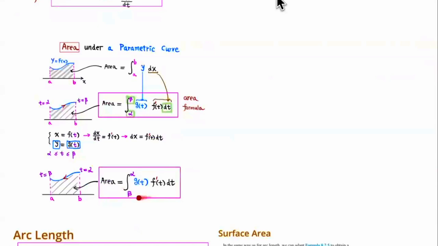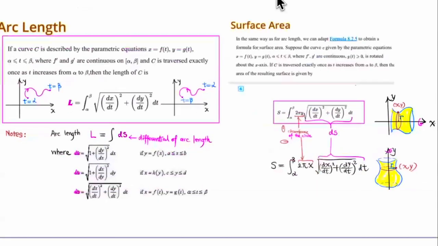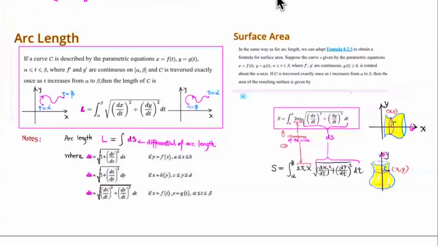And then we talk about area under a parametric curve. So those are the formulas here. And then the arc length, when you use parametric equations, then the ds over here is going to be that right here. So I actually put them together. So the differential arc length, if y is a function of x, you use that.